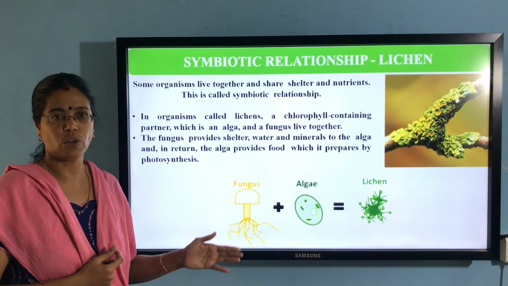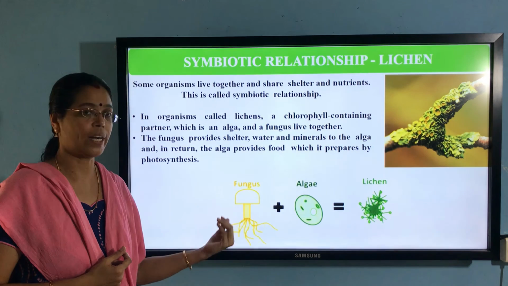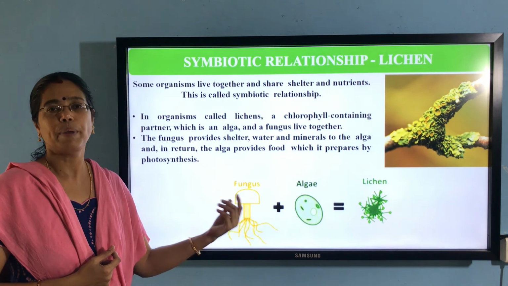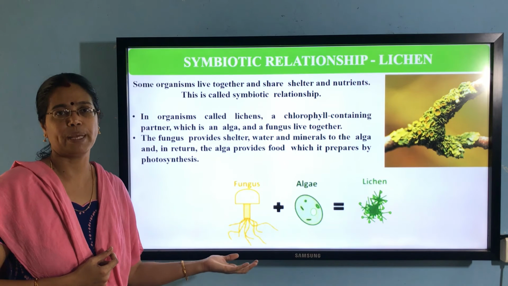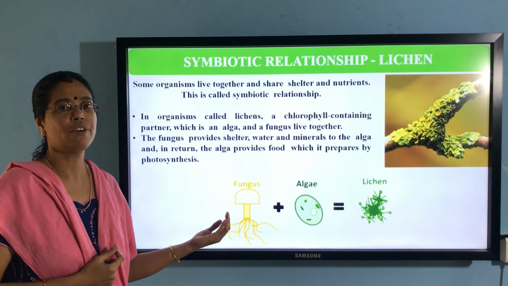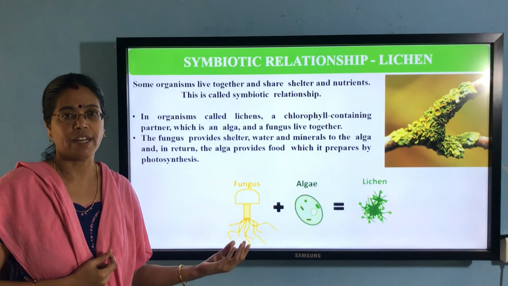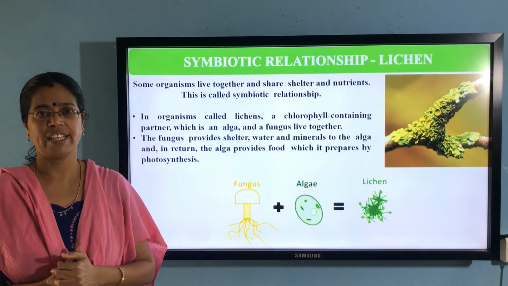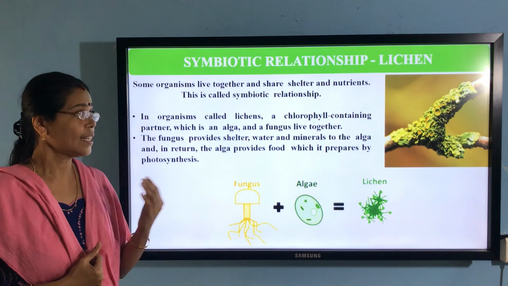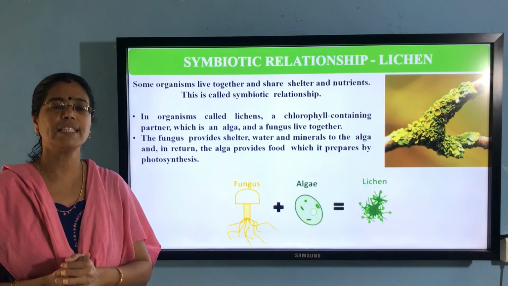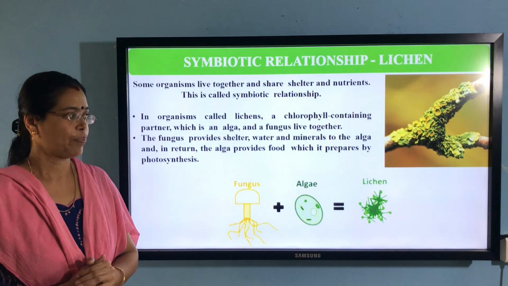Algae contain chlorophyll pigment. So with the help of this water and nutrients, algae prepare food with the help of chlorophyll pigment and share the food with the fungi. Like this, these two organisms, algae and fungi, share the shelter and nutrients and live together. Such a type of relationship is known as symbiotic relationship.